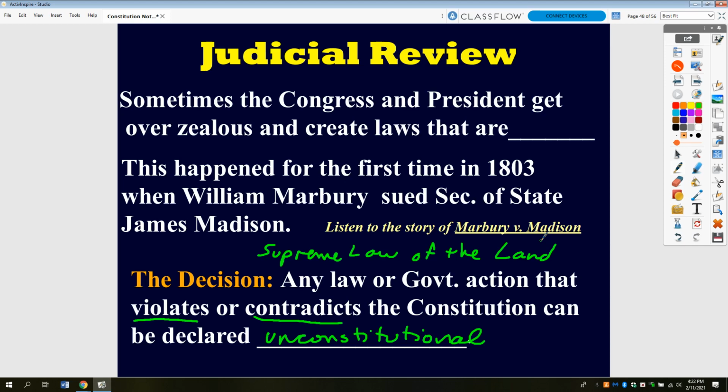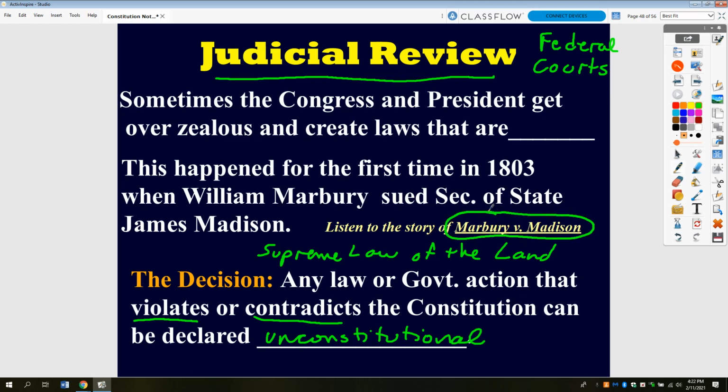And this process of declaring things unconstitutional is what we call judicial review. And this only happens in federal courts. It does not happen in state courts. So it happens in all the district courts, the appellate courts, and it also happens in the Supreme Court. And it all started with this Supreme Court case right here, Marbury versus Madison in 1803.